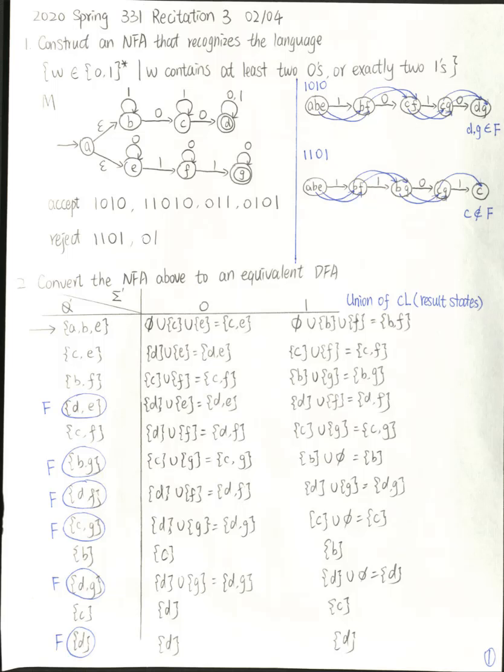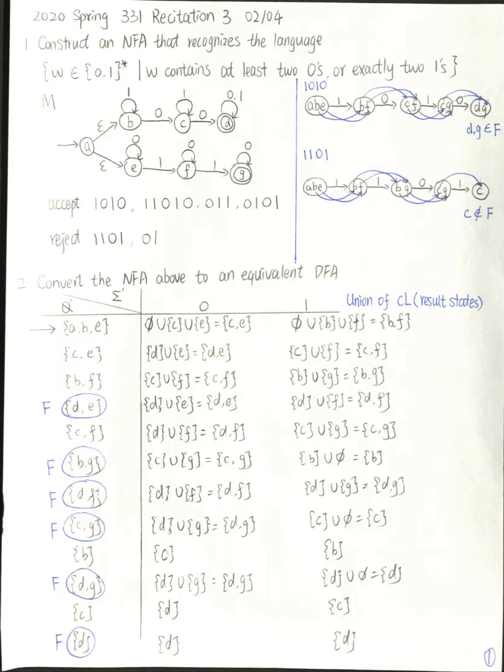That means without reading any symbols, the machine can reach ABE. Now we'll read the first symbol, 1. ABE can reach BF by reading a 1. B is reached from B and F is reached from E. And we take the closure of B and F, which is B and F.